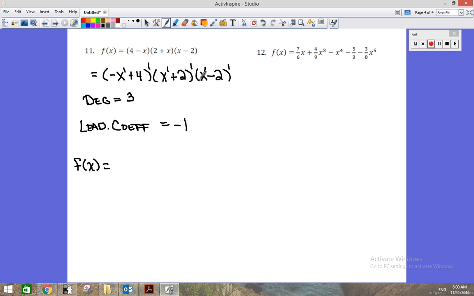So I'm going to multiply the x plus 2 and x minus 2 first, and I'm going to put that negative sign. I'm going to factor out a negative 1 just because I like to have that leading coefficient be positive. I don't want to make a silly sign error. X plus 2 times x minus 2 is x squared minus 4.